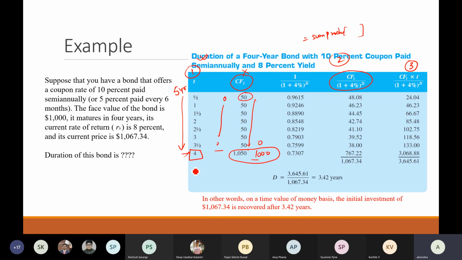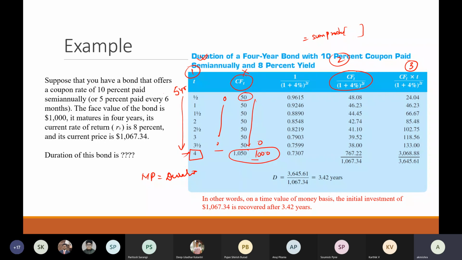That's why, irrespective of your maturity period, irrespective of your other legal agreements, in case of a zero coupon bond, maturity period will be equal to your duration. And that was the reason why initially I said that maturity period and duration are different concepts, but at some point you will find both are the same.